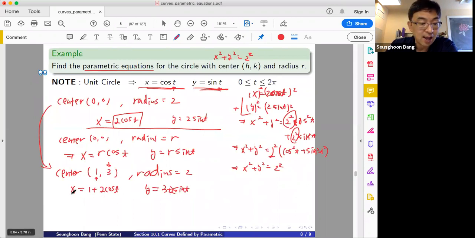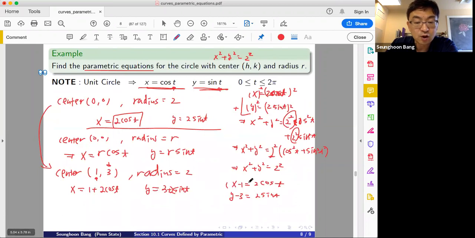How can you know that? x equals 1 plus 2 cosine t. Subtract 1 from both sides. x minus 1 equals 2 times cosine of t. Here, you can subtract 3 from both sides. y minus 3 equals 2 times sine of t.